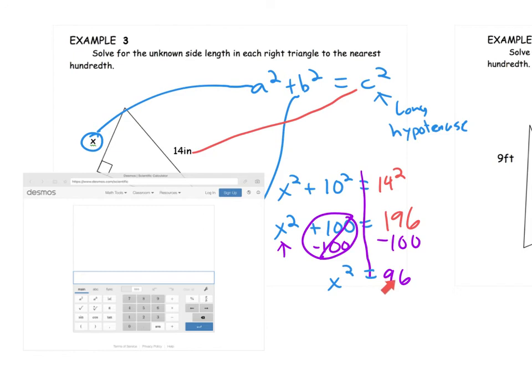So we just have to take the square root of 96. So let's plug that into our calculator. The square root of 96 is equal to 9.79, but I need to round this up, which then will carry over into the ones. So rounding it to the hundredths place, 9.80.